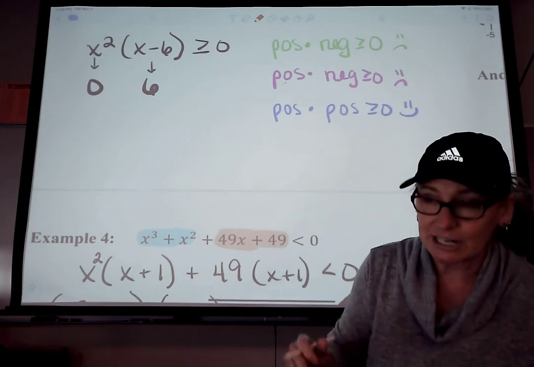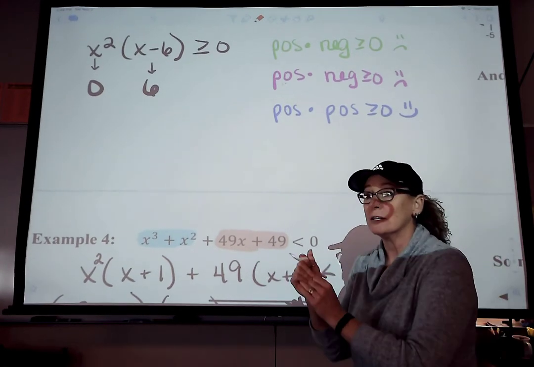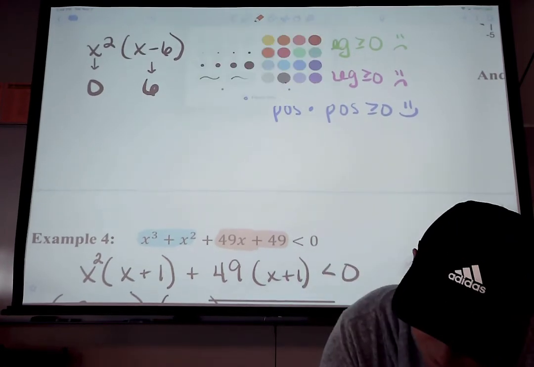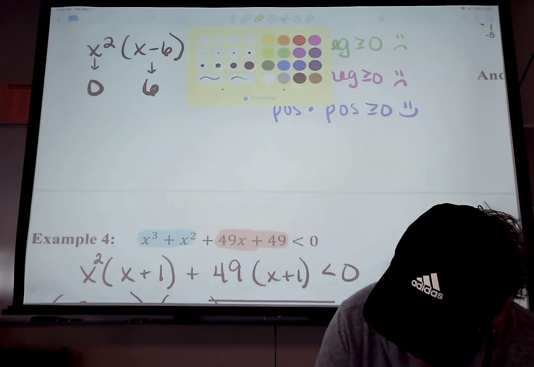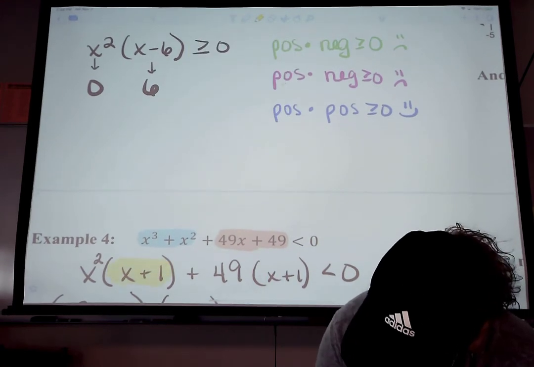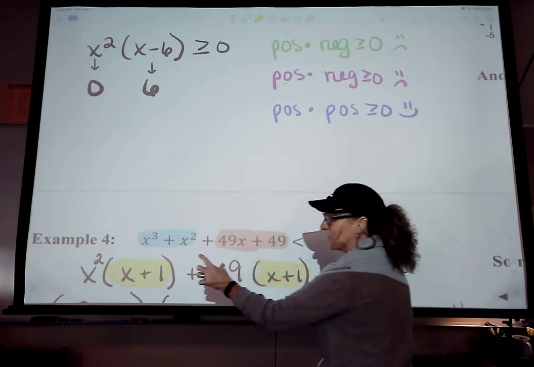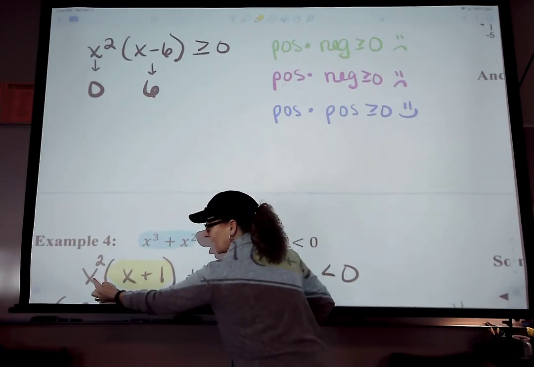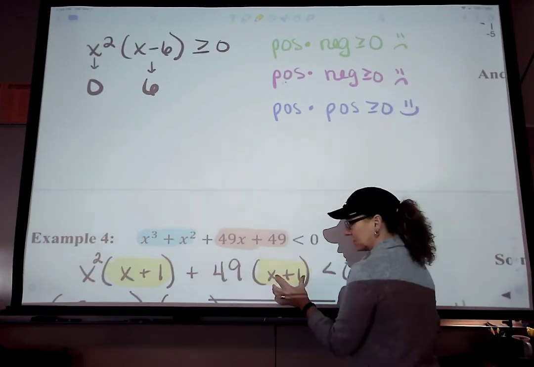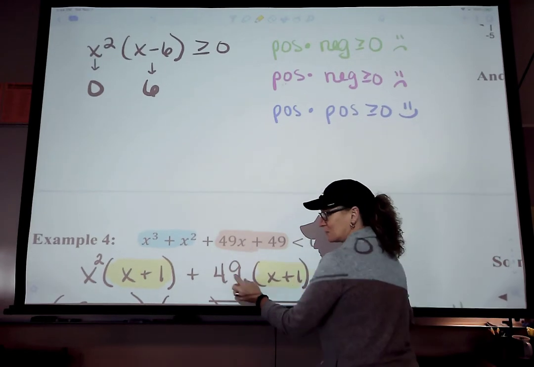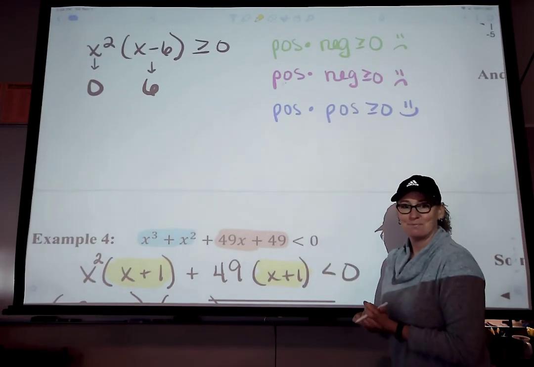Now, in order for factoring by grouping to work, this has to be your result. If you're going to factor by grouping, the leftovers that you get after you pull out this one and the leftovers that you get after you pull out this one have to be the same.